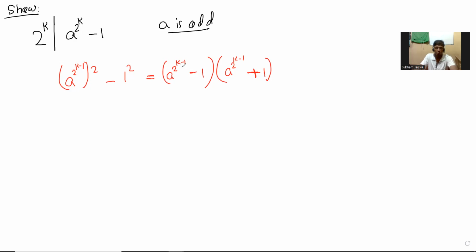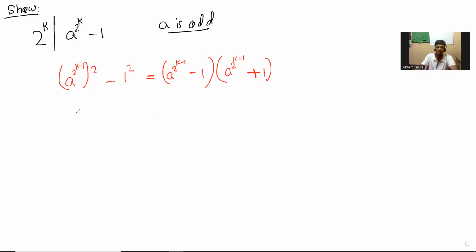To make the thing rigorous, you have to say that by induction, this is divisible by 2 to the k minus 1. Obviously, by common sense you can continue, and in this case it's enough to do it by common sense. But to be rigorous, you have to say it by induction. Otherwise, it's not clear why it is true for all k, because you're not showing it.